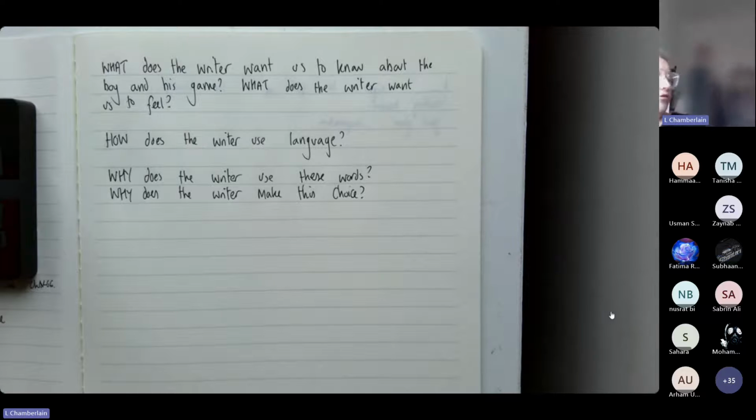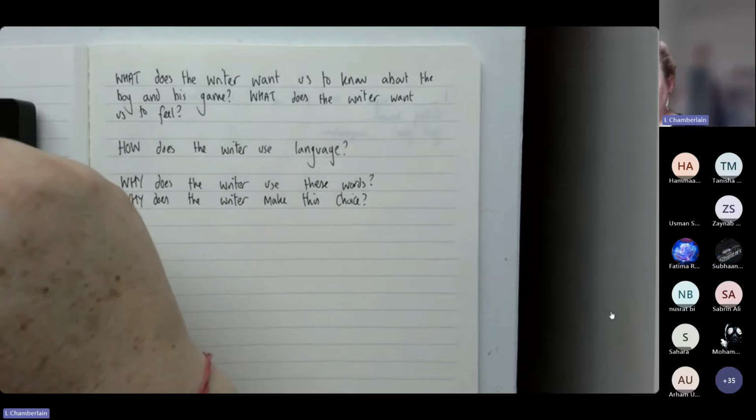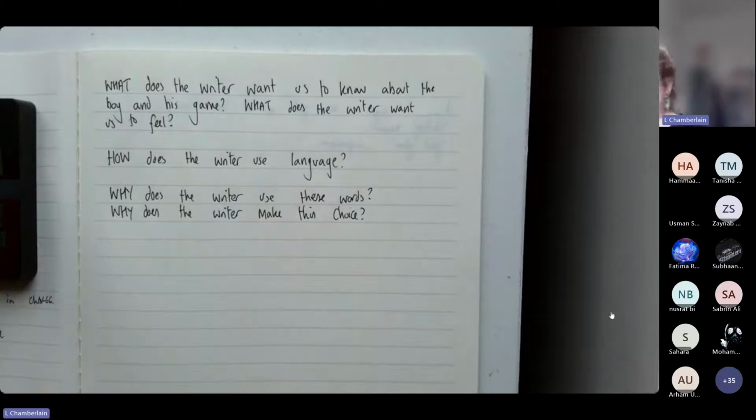So I'm going to do a little bit of modelling just to show you how you might structure one of these paragraphs. And then one thing that you could do after this session is perhaps write another paragraph or practice this skill so that you've had another opportunity to revise. So we want to make sure that we are presenting ourselves as really mature, sophisticated writers.